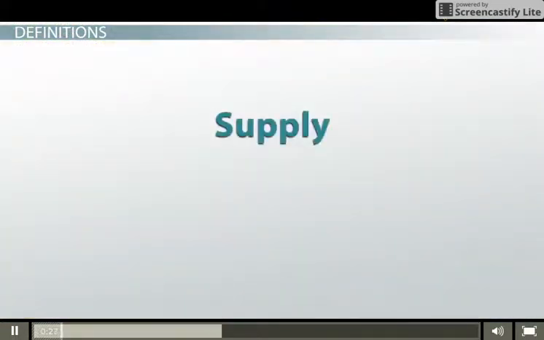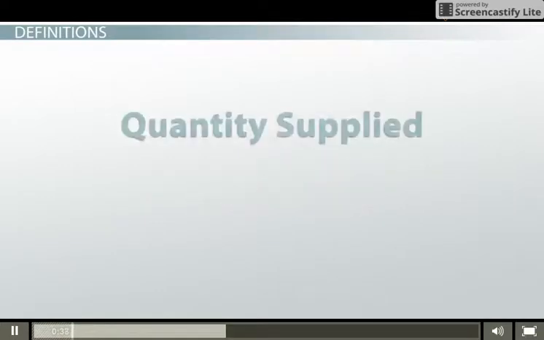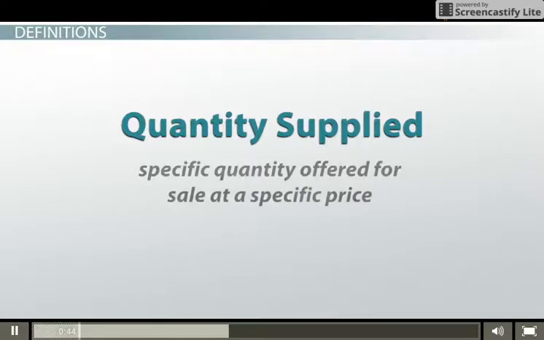First, you must know that supply refers to the various quantities offered for sale at various prices. This can be thought of as the entire supply curve, which we will get to in a moment. Sometimes confusing and important to distinguish is the term quantity supplied, which refers to a specific quantity offered for sale at a specific price.